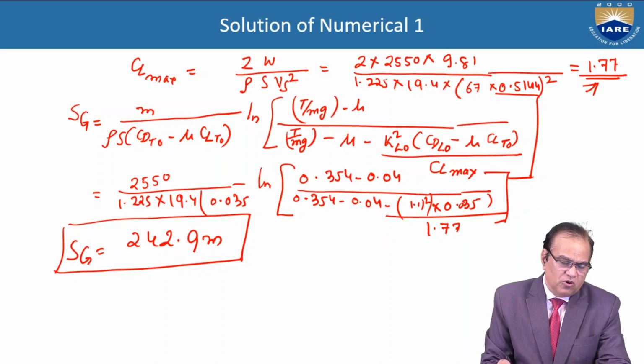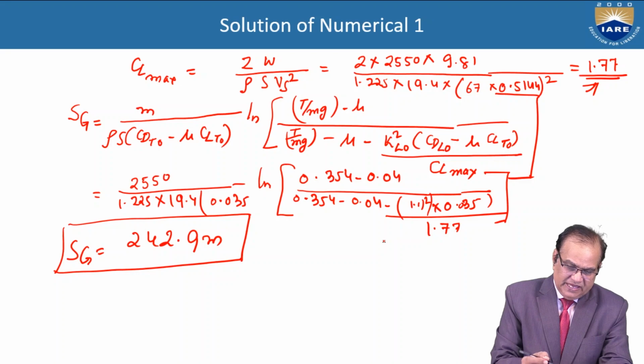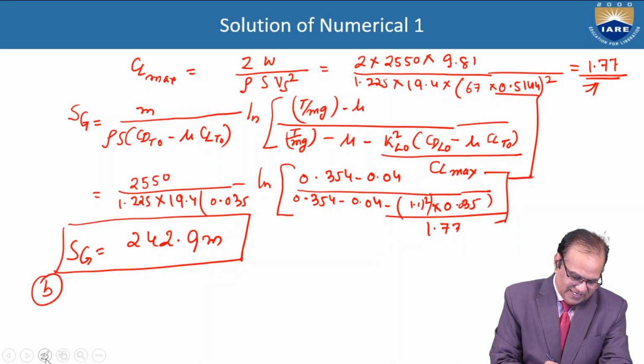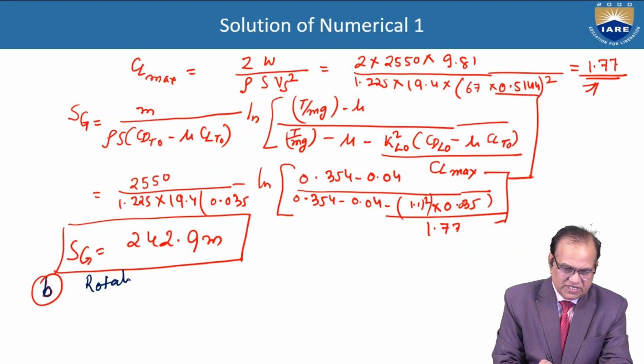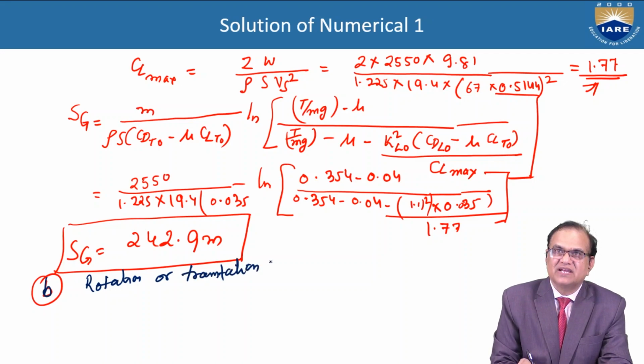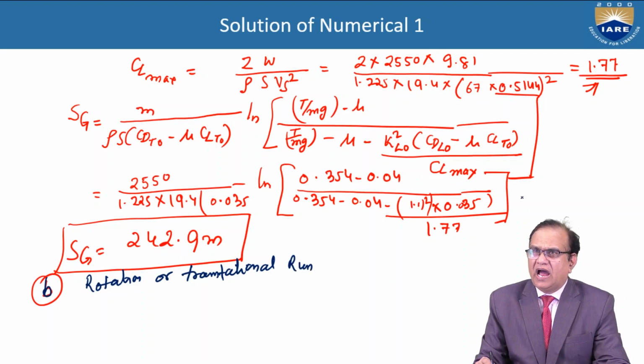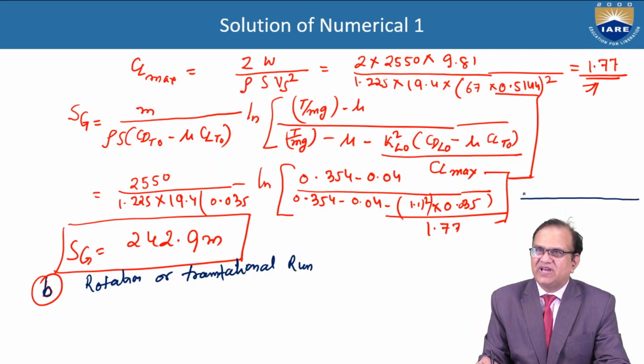Now part A is done. Now we will go for part B. I will change the color for part B. It is now blue. So we have to find out the rotation or transition run on the runway. If I make here, this is the runway, and here is your aircraft.